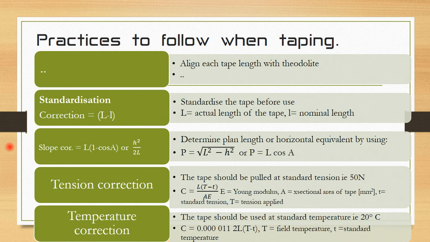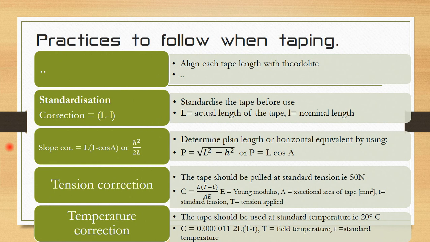The other practice is to standardize the tape measure before use. Of course, for standardization, you need to determine the difference between the nominal tape and the standard tape. The nominal is the field tape that you are going to use for the traversing exercise, and the standard tape is normally kept somewhere safe, where all the conditions are standard, like the temperature and the length.